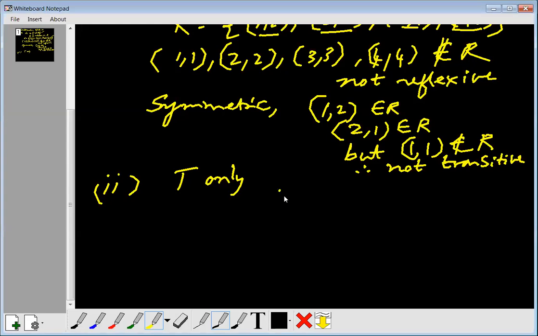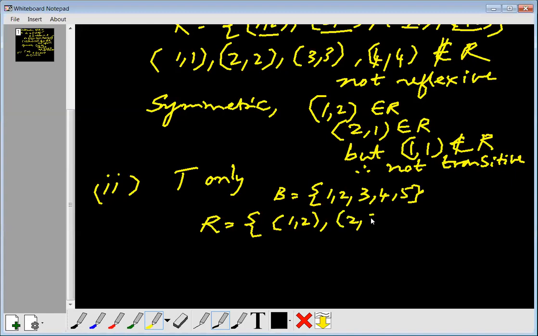You can say B is equal to 1, 2, 3, 4, 5, and the relation is you need to have (1, 2), (2, 3), and therefore you must have (1, 3) definitely. So you have (1, 3) and take (1, 4), okay, and (4, 5), (1, 5).